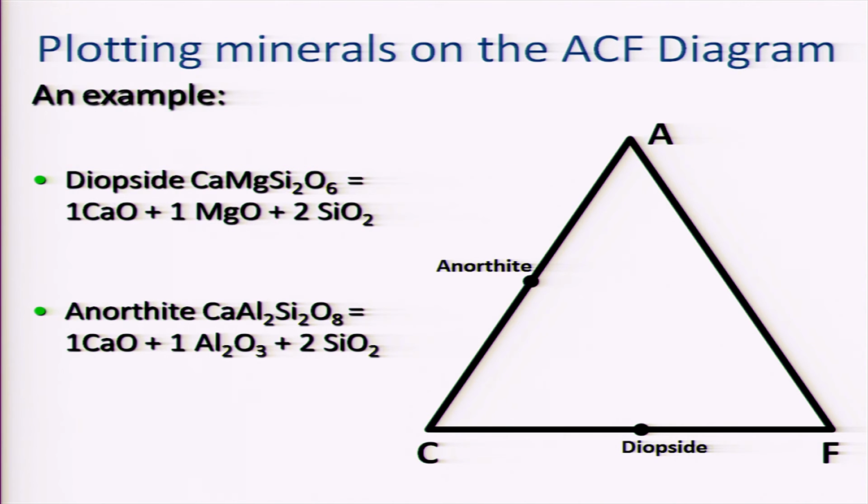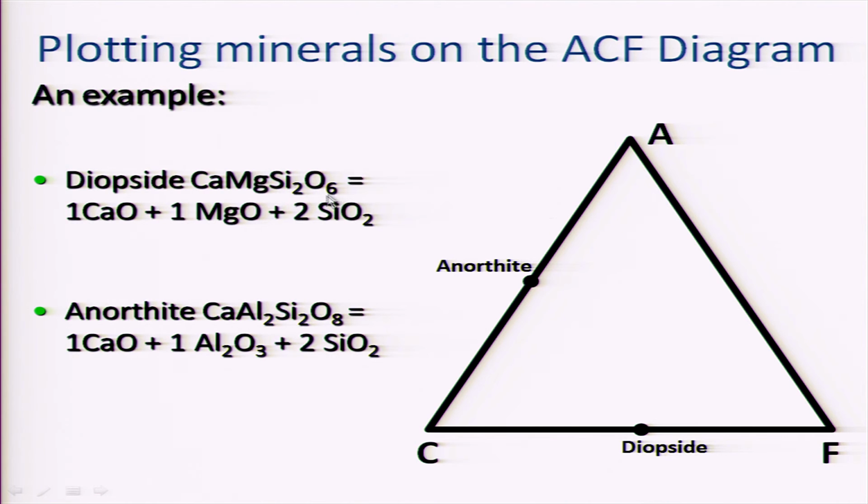Let us look at the actual plotting of one or two minerals. For example, here you see a triangular ACF diagram. In this ACF diagram, let us plot pyroxene and plagioclase. The formula of pyroxene is CaMgSi2O6.